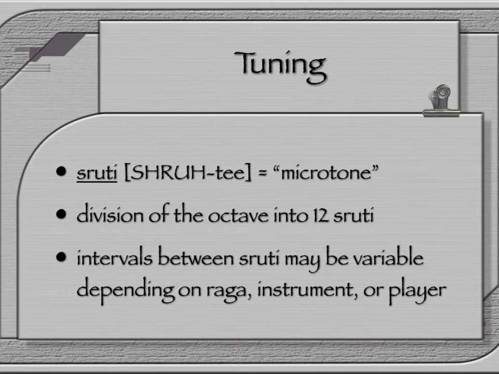Let's look at each of these governing principles of ragas a little closer, starting with the most basic elements, then layering on more detail. Shuti is Indian for microtone. Recall that a shuti box is the name of the reed organ used to create a drone. In the West, microtone means something smaller than our half step or half tone.